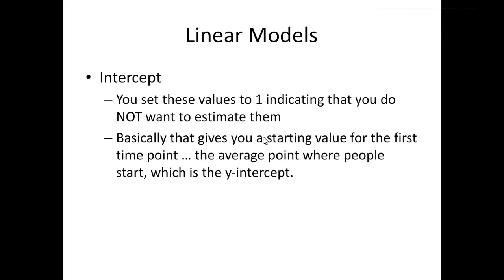And essentially, that's the average point where people start. So that's the y-intercept. And by estimating this value, it gives us sort of an overall score of what people score at time 1 in general, so on average. And that's the same way an intercept works in a regression model. And remember, it's the y mean.